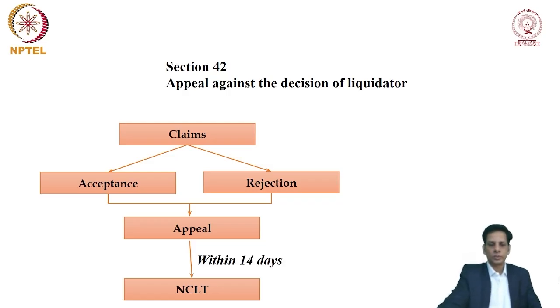Very important question. You should make the appeal within 14 days from the date of receipt of information from the liquidator. Remember, it is not the date of claim. It is not the date of decision. It is the receipt of the communication of the decision of the liquidator to accept or reject. From there, you will have 14 days to go to NCLT and seek admission of the claim.